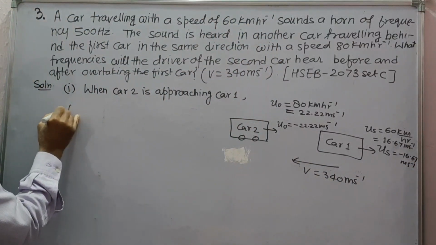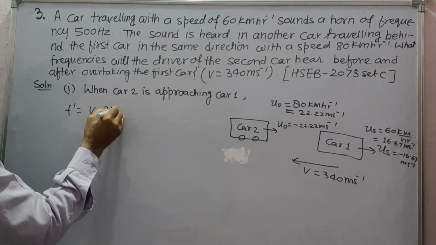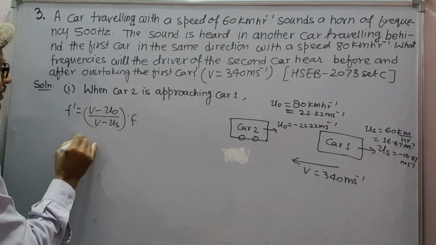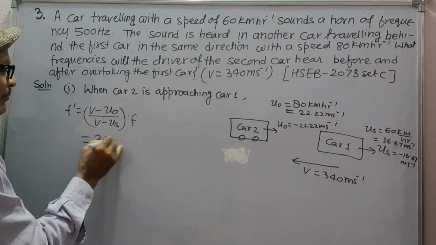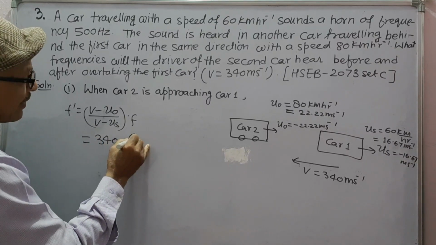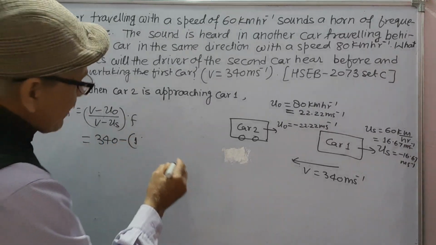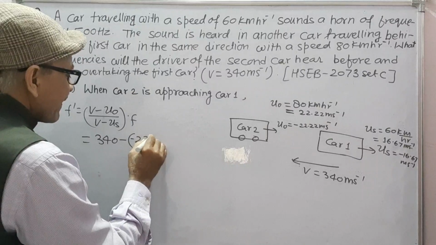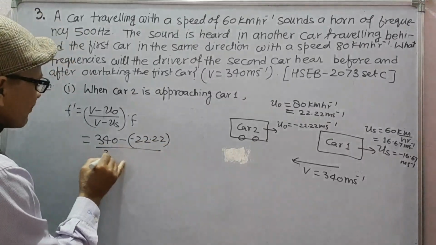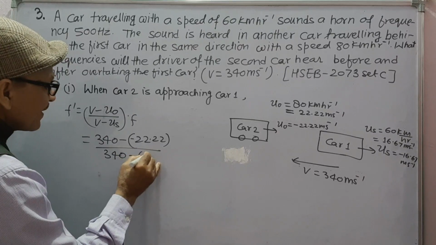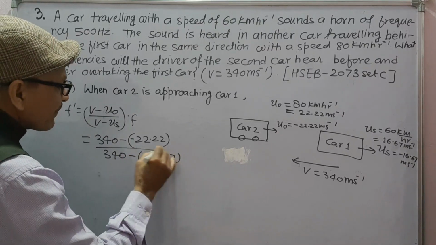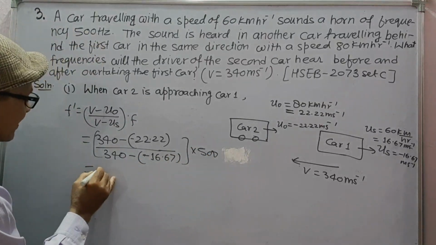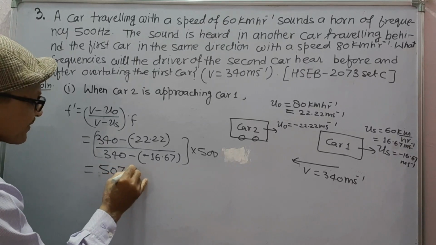Therefore, apparent frequency will be equal to (V minus UO) upon (V minus US) into F, that's (340 minus (minus 22.22)) upon (340 minus (minus 16.67)) into 500, which will give 507.7 Hertz.